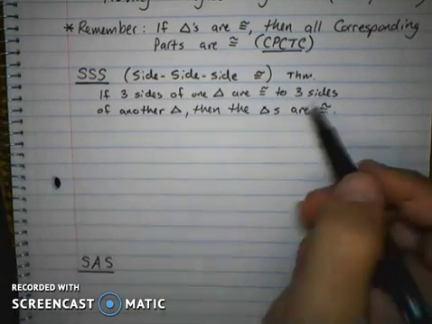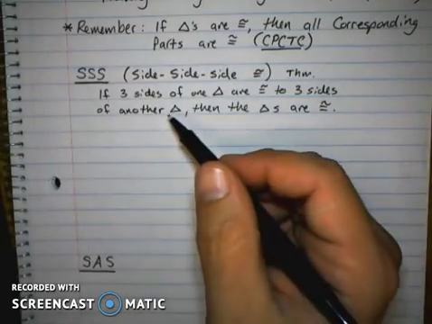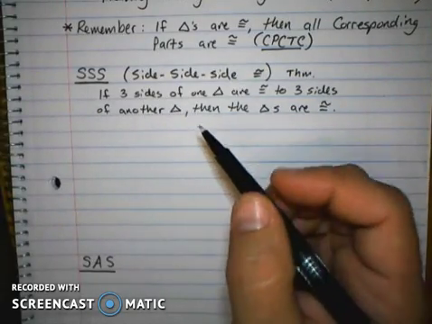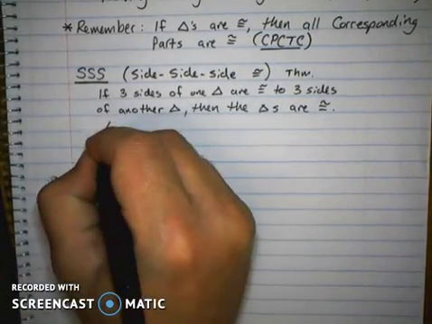So we can use this to prove that 2 triangles are congruent just by focusing on the sides. All right? So here's what you might see as an example.